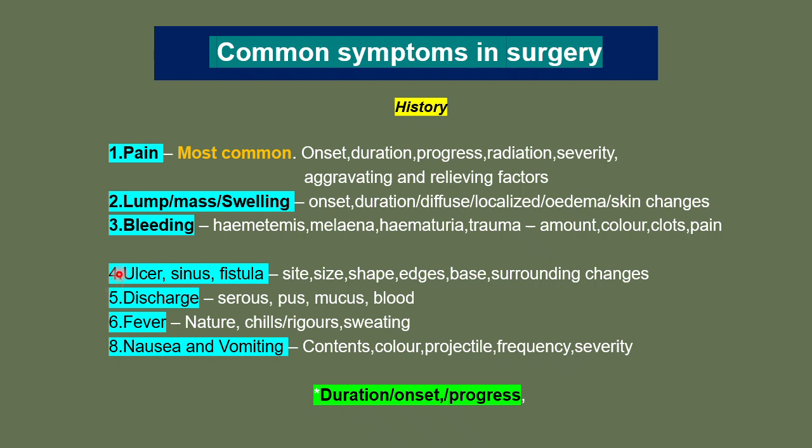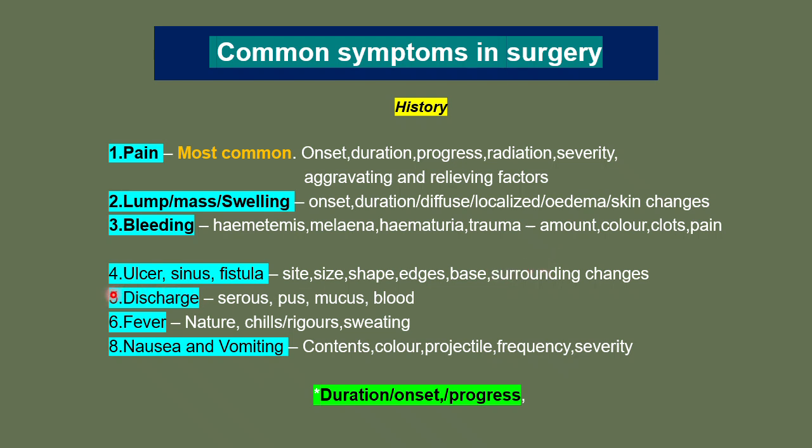Other less common presentations include ulcer, sinus, and fistula. For these, you have to ask for the site of the ulcer or fistula, the size, shape, the base and the edges, especially in ulcers, and the surrounding changes in the skin.